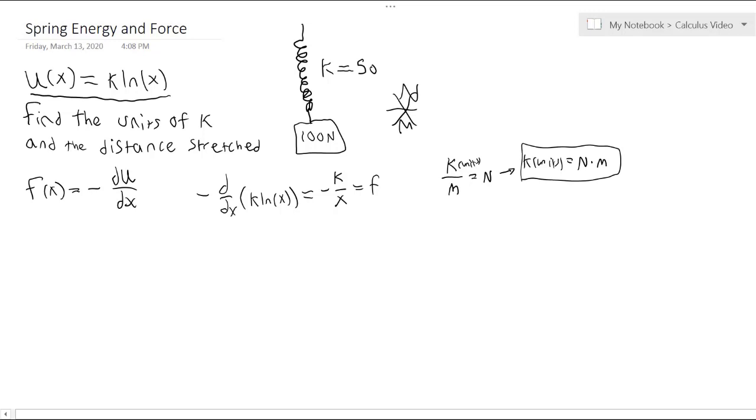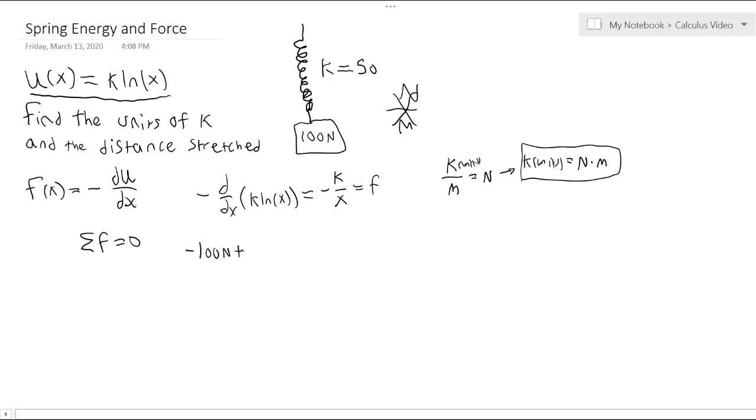So the next part is the distance stretched. It's still a spring that obeys Newton's laws, just not Hooke's law. And so in equilibrium position, the sum of all forces should be equal to 0. The only force on the spring, aside from the spring force itself, is this 100 newtons down, so minus 100.